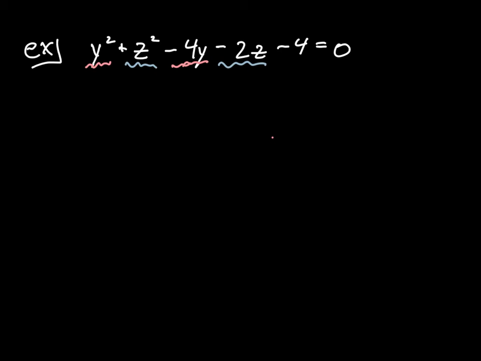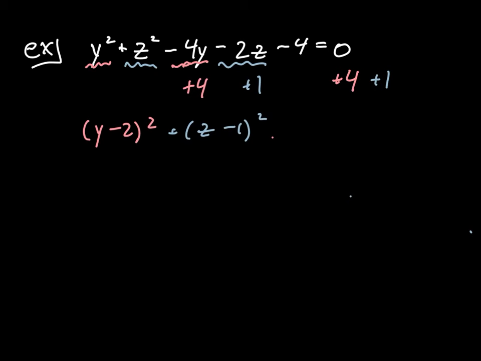So we're going to want to do completing the square twice. For the y squared minus 4y, we're going to need to add 4. So let's add 4 to both sides, and then we're going to end up with y minus 2 squared. And for the z squared minus 2z, we're going to add 1 to both sides, and then we're going to have z minus 1 squared. And then we have minus 4. Let's add that to both sides. And is equal to 9.